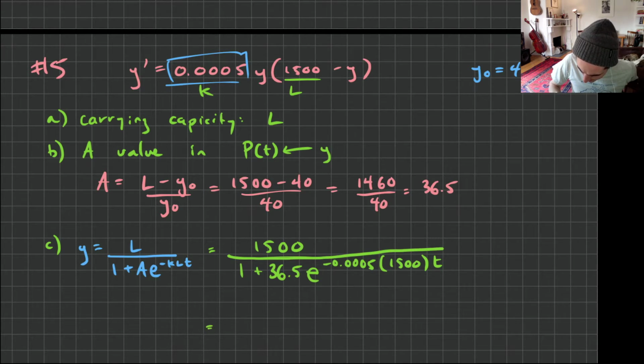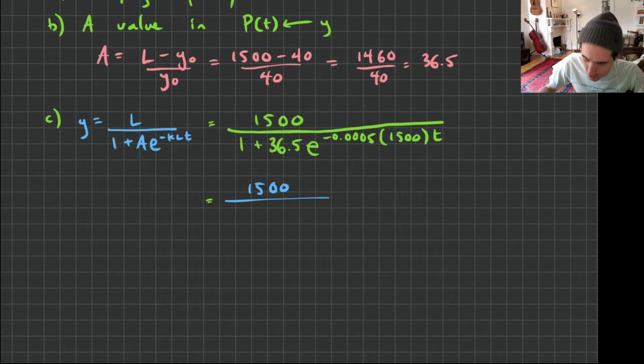Because I don't want to search around for a calculator, I'm just going to copy my answer from earlier, which is 3/4. I think it's 0.75, or negative 0.75. So I've got 1 plus 36.5 times e to the negative 0.75t, or if you like, 3/4.